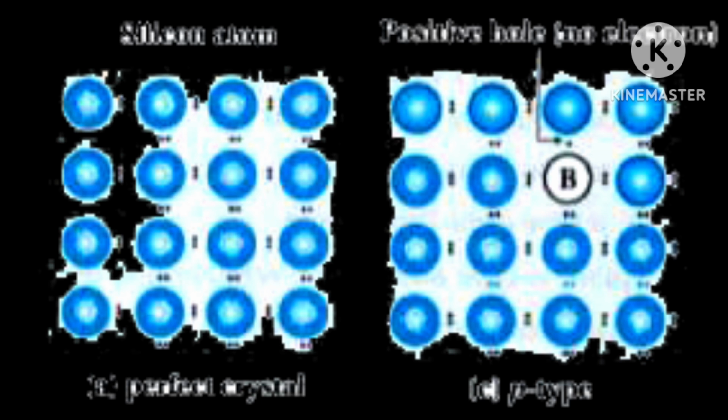Delocalized means they can move. These delocalized electrons increase the conductivity of doped silicon, because you know that movement of electrons is responsible for conductivity. So now 1 electron is there, this delocalized electron.